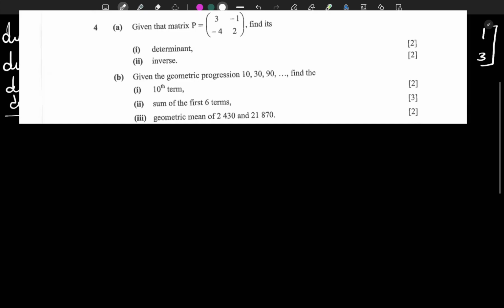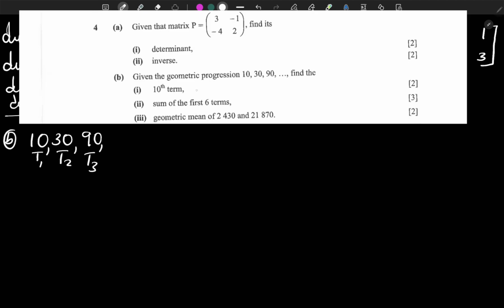So for question B, we are given the geometric progression 10 as our first term, term number 1, 30, term number 2, 90, term number 3. As we can see, the numbers were increasing, therefore each term was multiplied by a certain number that we are able to find.